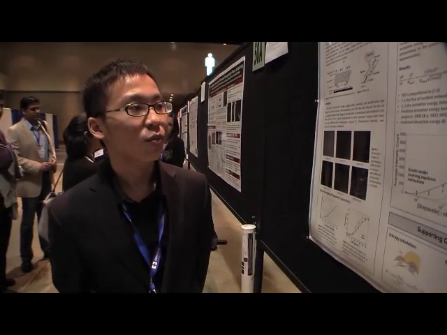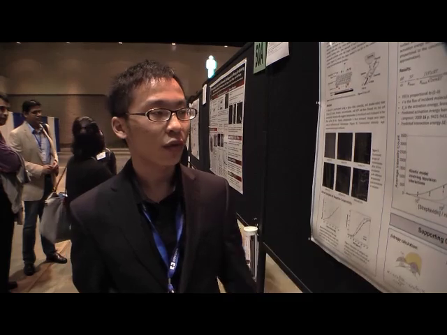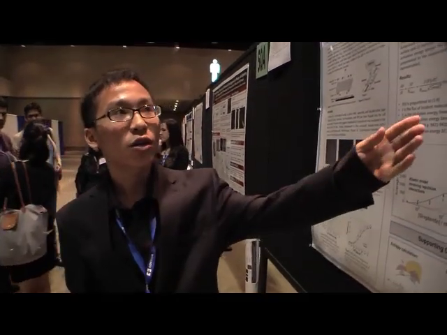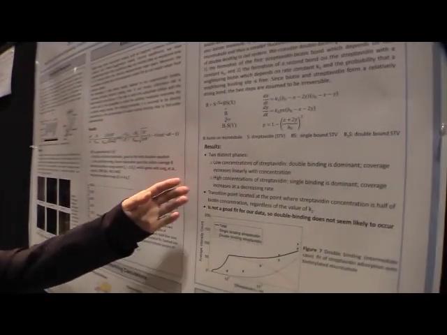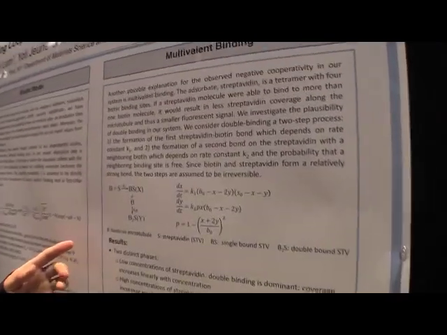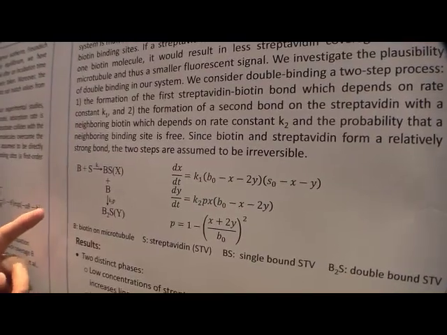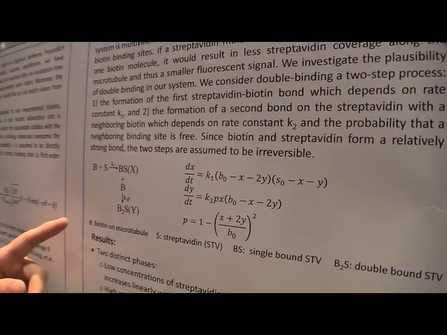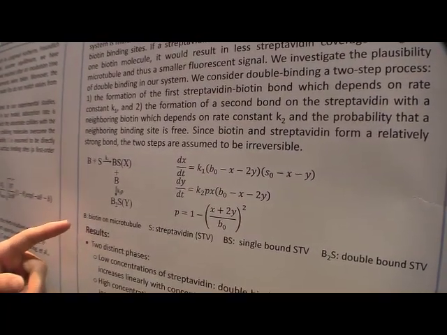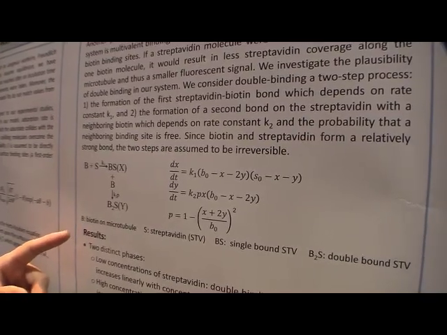The second possibility for streptavidin binding is a multivalent binding process. The process was decomposed into 2 steps. The streptavidin first binds to one biotin, and then it binds to the neighboring biotin site.